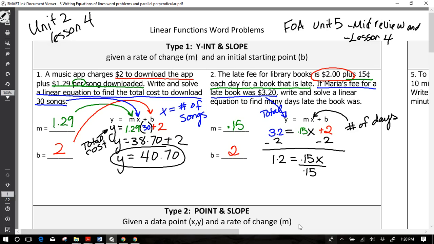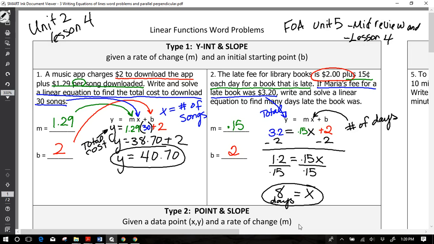If I divide both sides by 15 cents, using my calculator to help me out here, I'm going to get x equals 8, and that would be 8 days. Great job.